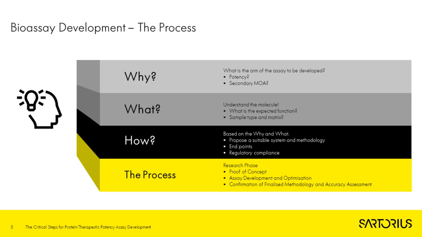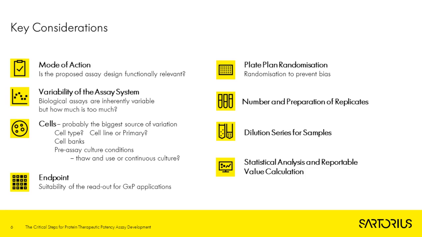At Sartorius, we have a wide portfolio of platform methods with a range of different endpoints to utilise, which speeds up this planning phase. Once the planning is completed, we would move to a proof of concept with the platform to identify what needs to be developed and optimised further. And then once that's completed, we confirm the finalised methodology and perform an initial assessment of accuracy.